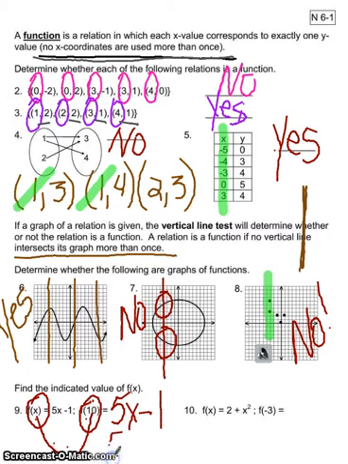So remember, whenever you do that, you're going to put a set of parentheses. And I'm going to plug in my 10. And 5 times 10 is 50, minus 1 would be 49. So my indicated value would be 49. I'll give you a minute to get that down before we go to number 10.